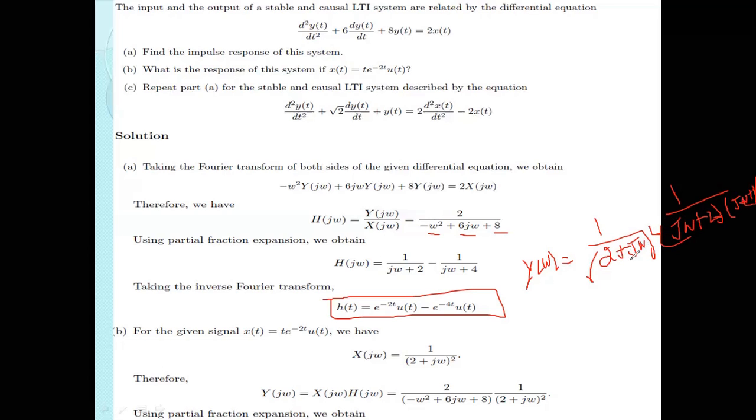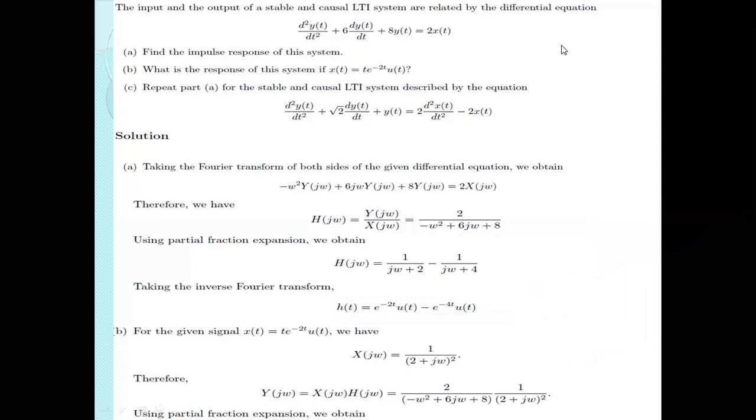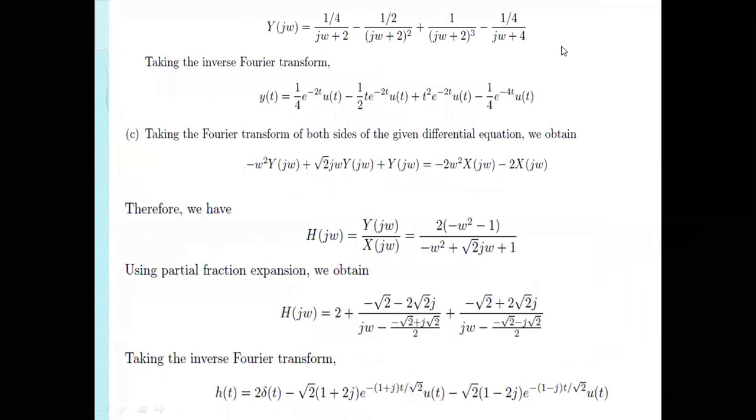So take A by (2 plus j omega), B by (2 plus j omega) whole square, and C by (j omega plus 2), and D by (j omega plus 1). Find the A, B, C and D values to get the response y of t.